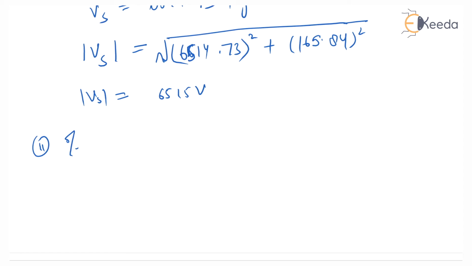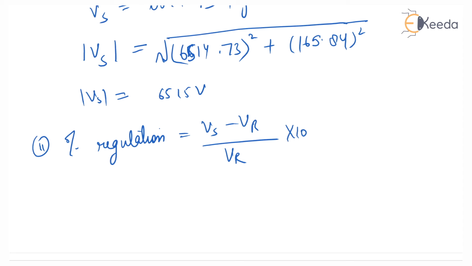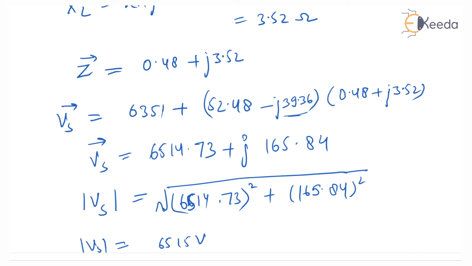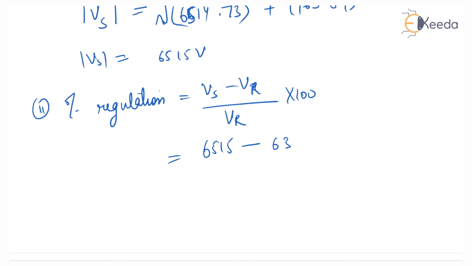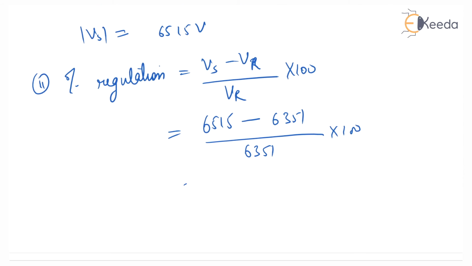Percentage regulation is Vs minus Vr by Vr into 100. So Vs is 6515 minus Vr is 6351, upon 6351 into 100. So this is equal to 2.58%.